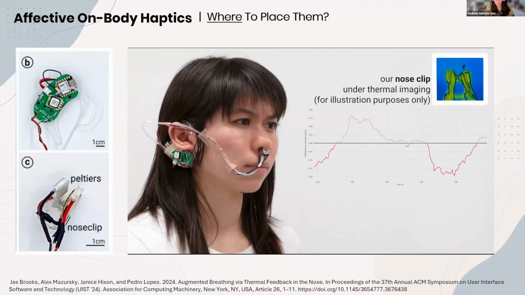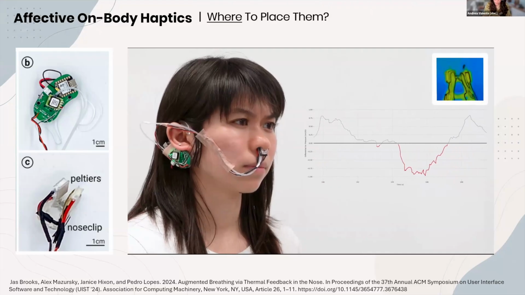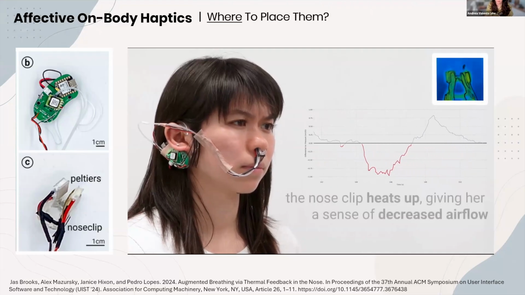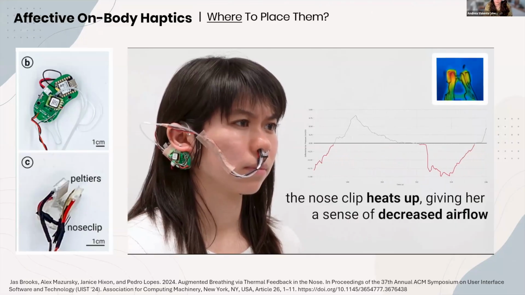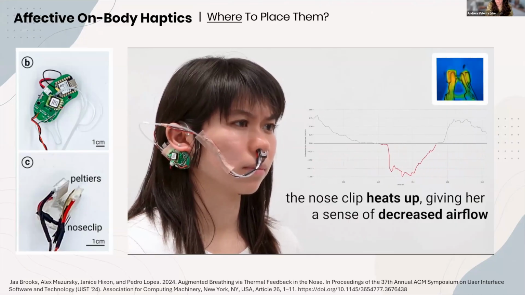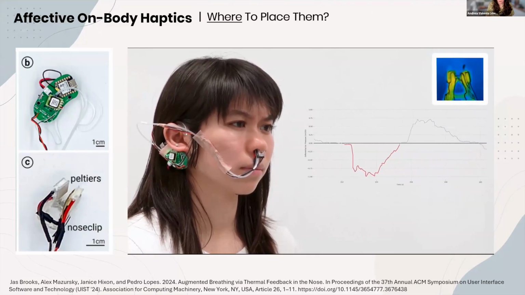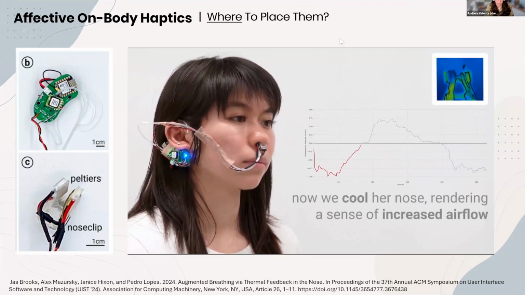They were exploring haptic devices that could help you feel like you're breathing better when wearing, for example, a mask during COVID. They put this device below the mask, and it actually changed people's perception of their breathing quality a lot.